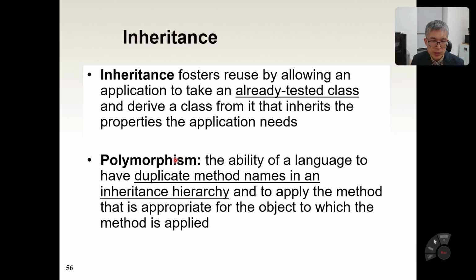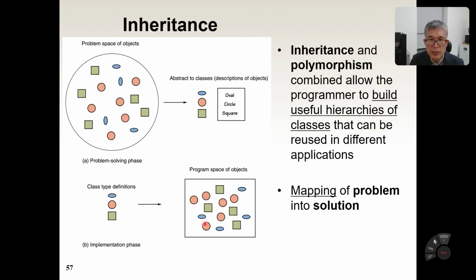So polymorphism is the ability of a language to have a duplicate method name, or member function name, in an inheritance hierarchy, and to apply the method that is appropriate for the object to which the method is applied. So we can take a look.